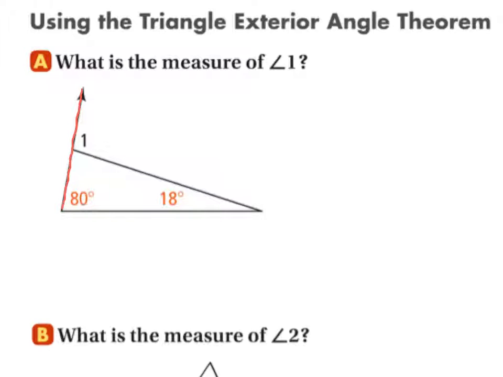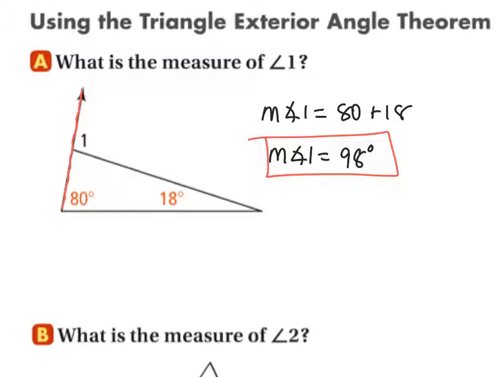Right? So, it's an exterior angle. That means the measure of angle 1 is going to equal 80 plus 18. So the measure of angle 1 equals 98 degrees.